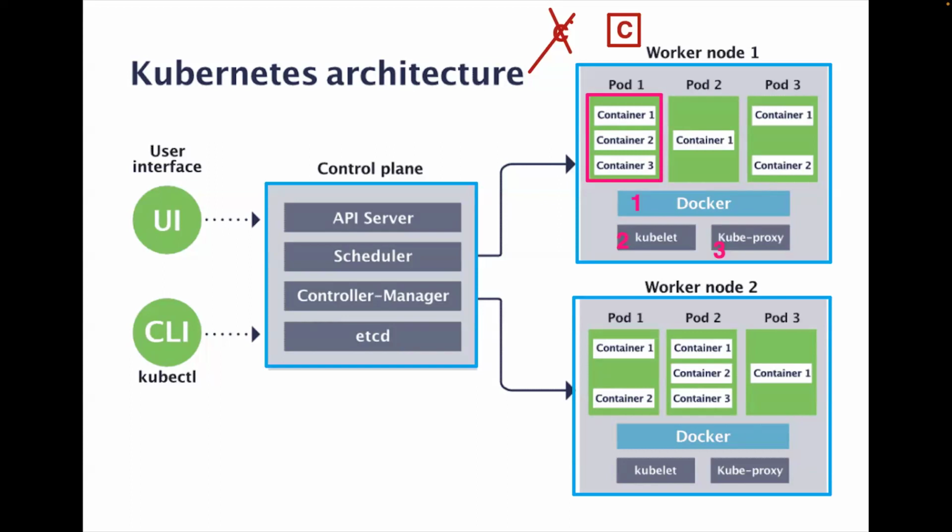This pod is like a home for the container. It provides a living environment for your container. That's how it is with the different components, Docker, kubelet, kubeproxy, and so on. And that's how these components exist on every worker node.